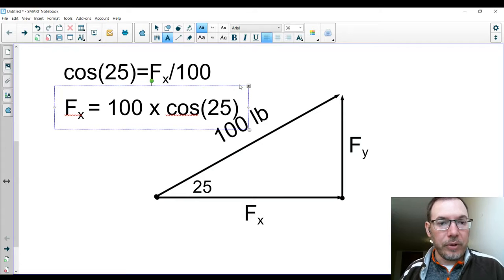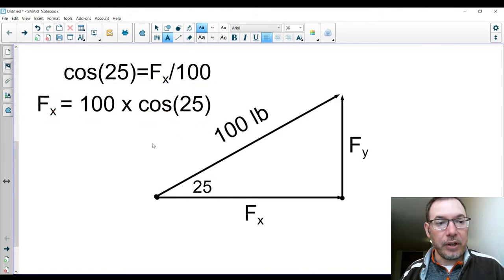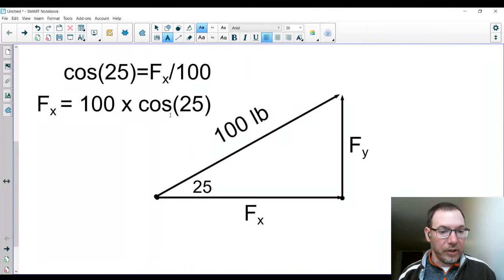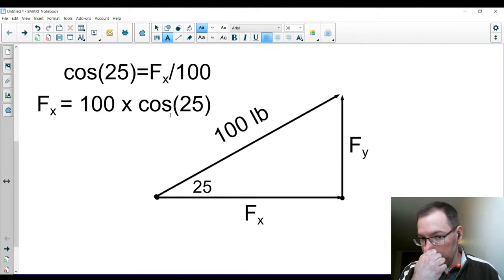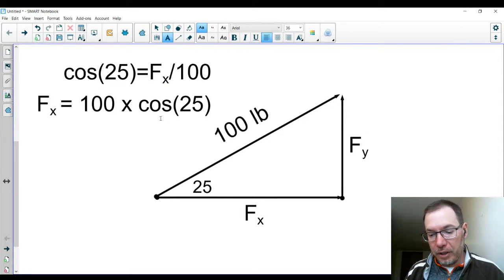Because what we're really saying is that cosine 25 is a proportionality constant between these two things, that the ratio between them will always equal whatever the cosine of that angle is for this triangle. No matter how long the sides get, if that angle is 25, that ratio will stay the same. Then if we wanted to find that value, we'd plug it into the calculator: what is 100 times cosine of 25?